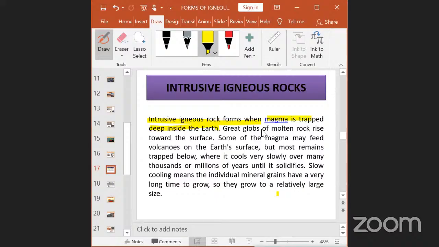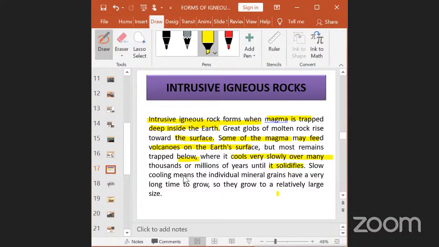Great groups of molten rock rise towards the surface. Some of the magma may feed volcanoes on the earth surface, but most remains trapped below, where it is cooled very slowly over many millions of years until it solidifies.